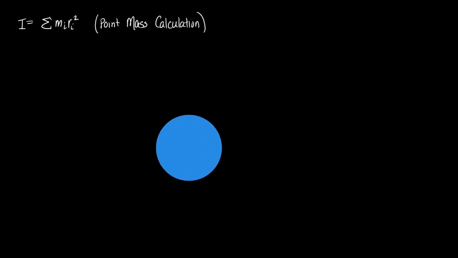Now, the thing about doing a summation, and this is, again, the point mass calculation, is that it is often used for situations in which you have objects that are separated by large distances relative to their own size. For example, you could do a point mass calculation for the moment of inertia of the Earth-Moon system.